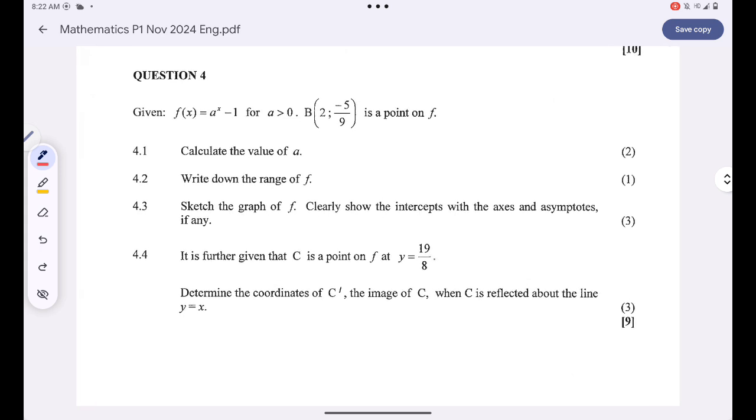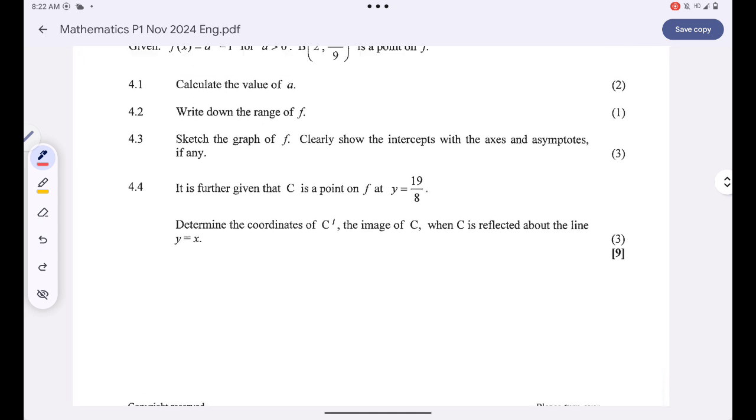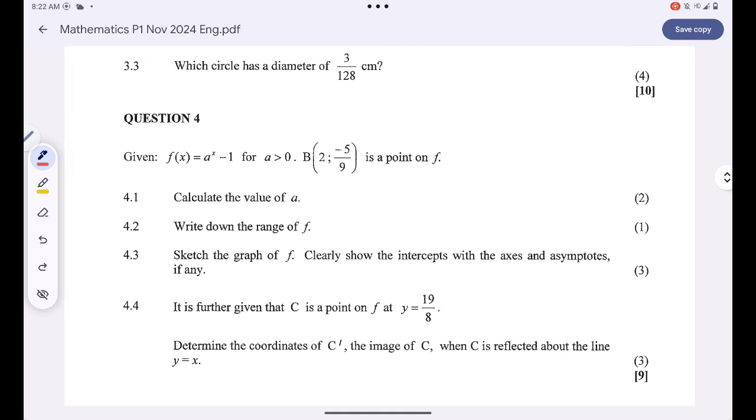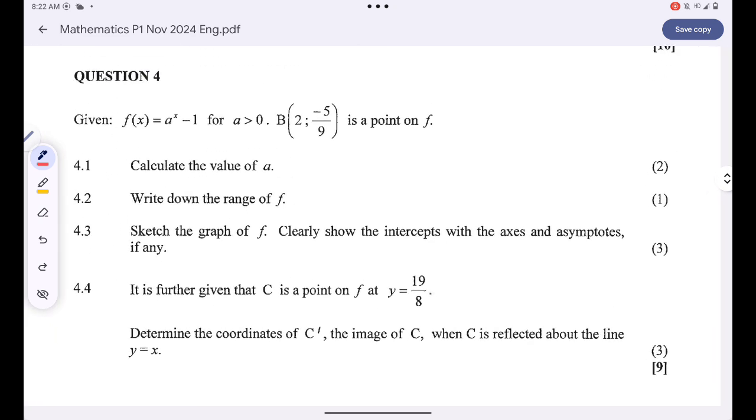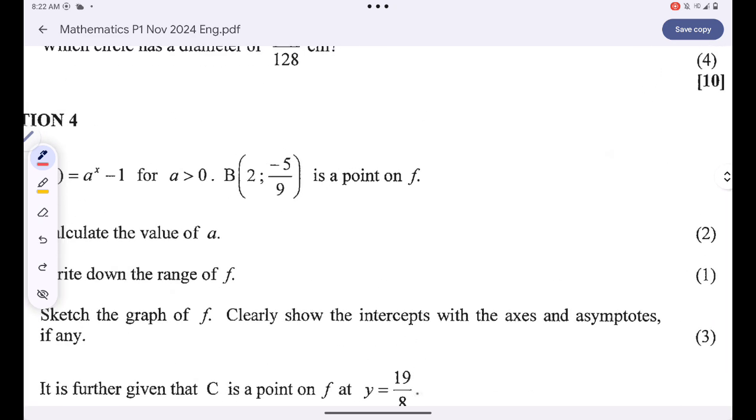Okay, we are given f of x, and we are told that a is a positive number, and that point B is a point on the graph of f of x. The first thing they want us to do is to calculate the value of a. But before we do that, guys, let me just draw a possible graph for f of x.